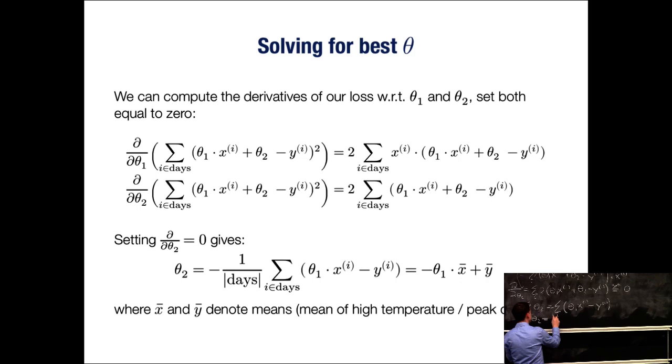So this is 1 over, in this case, the number of days, times the sum over all i of yi minus theta 1 xi, which is just equal to, I'm writing it like this, y bar minus theta 1 x bar, or these are the average values of y and xi over the data set.